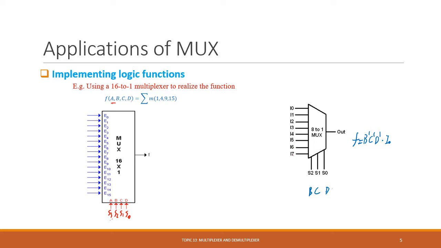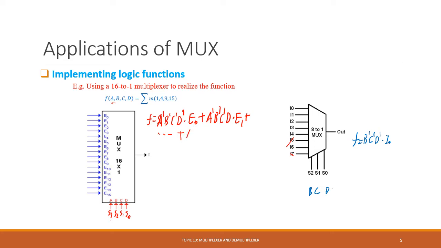Okay, then because we know how to write the output function for the mux, which equals A prime, B prime, C prime, D prime, E0, or A prime, B prime, C prime, D, E1, or, we can skip the middle ones.